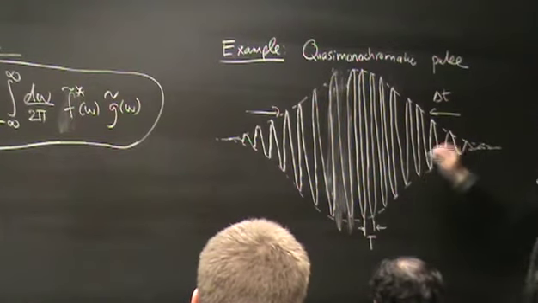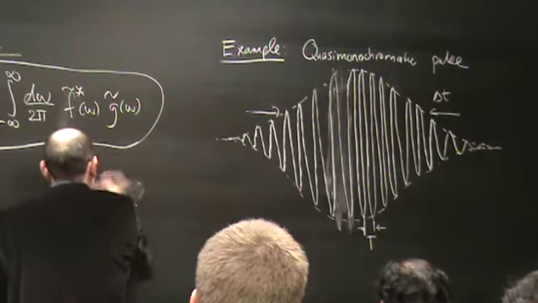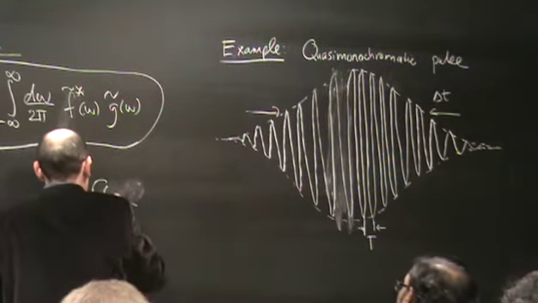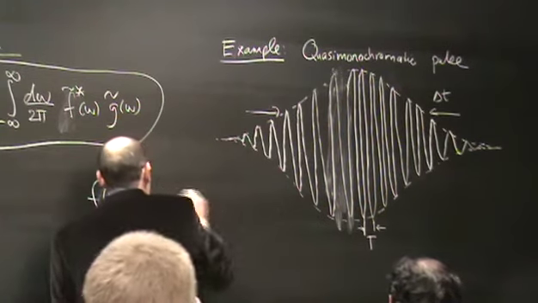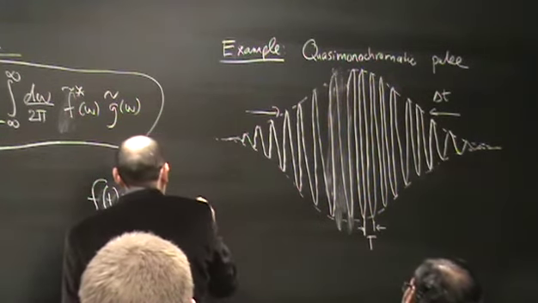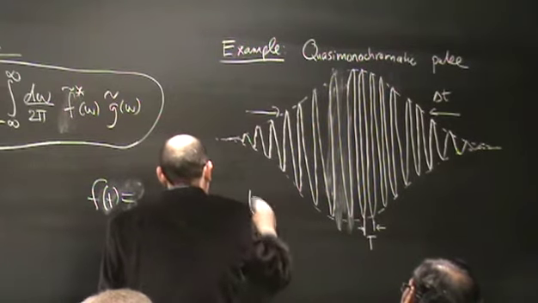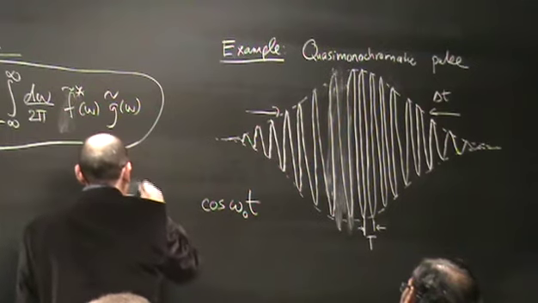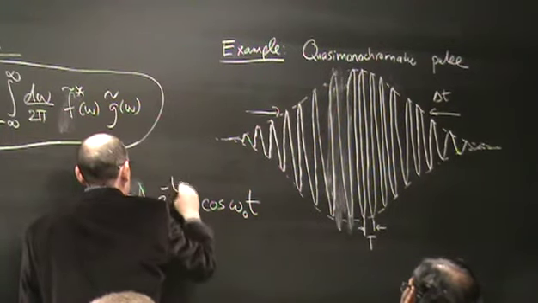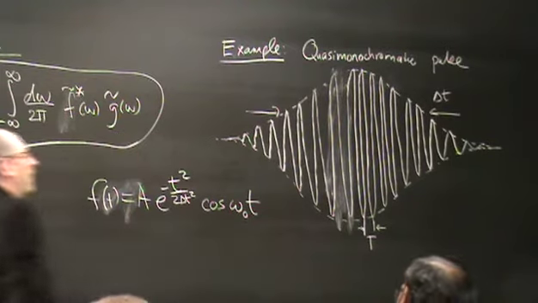So let's look at the specific example where my pulse is of the form of an oscillating cosine that's modulated in amplitude by a Gaussian of width delta t.